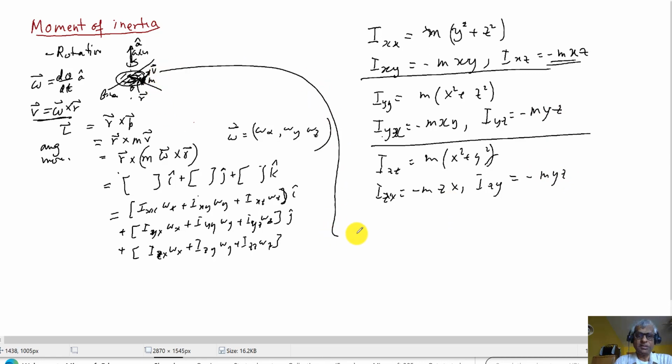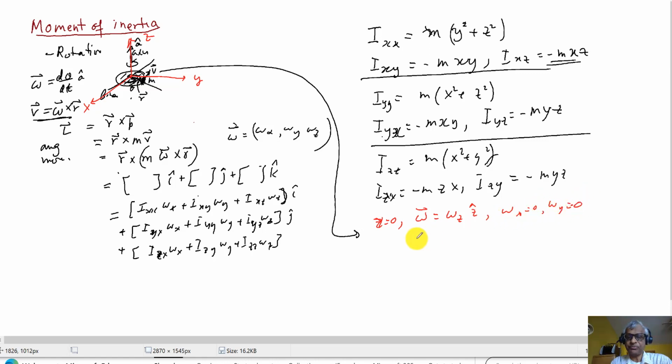In this situation, if I call this the z-axis, and let's call this the x-axis, and somewhere there is a y-axis, then you can see in this situation z equals 0, and omega is only omega z along z hat, meaning omega x is 0 and omega y is 0.